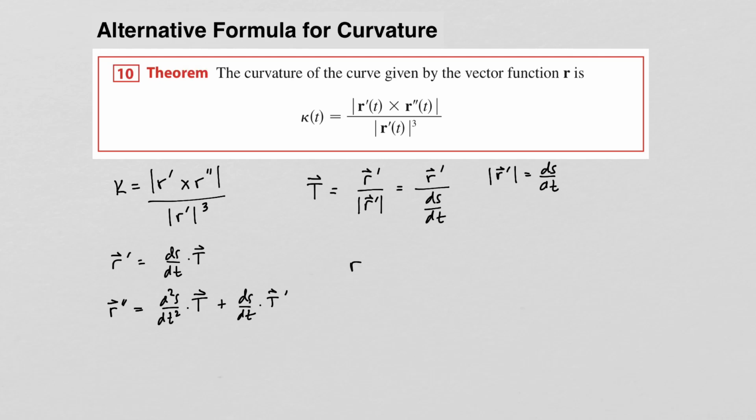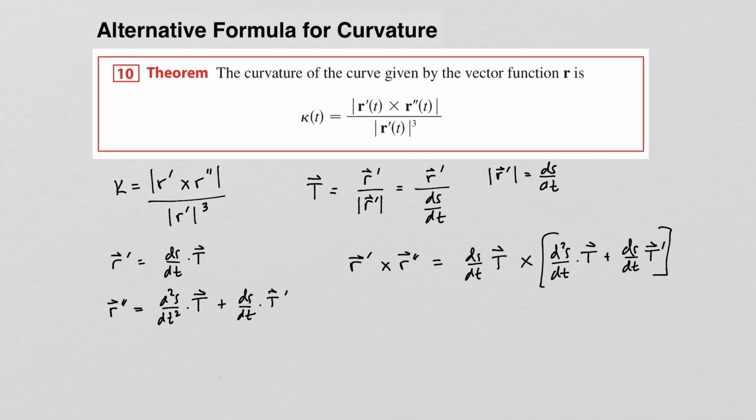So now let's figure out what is r prime crossed with r double prime. Well, r prime is ds/dt times the vector T, and we're going to cross that with the second derivative of s multiplied by T plus the derivative of s multiplied by T prime. And due to properties of cross products, we can essentially distribute this here.